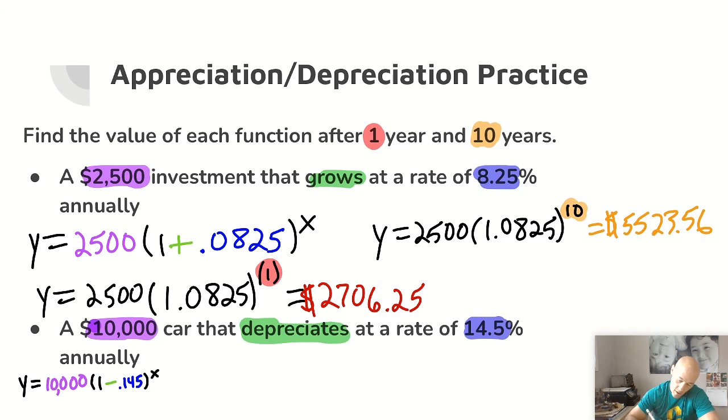So we're going to do 1 year. So y is equal to 10,000 times 0.855. So that's between 0 and 1. That tells me that it is a depreciation, which is good because that's what we needed to have here. And our exponent is 1.